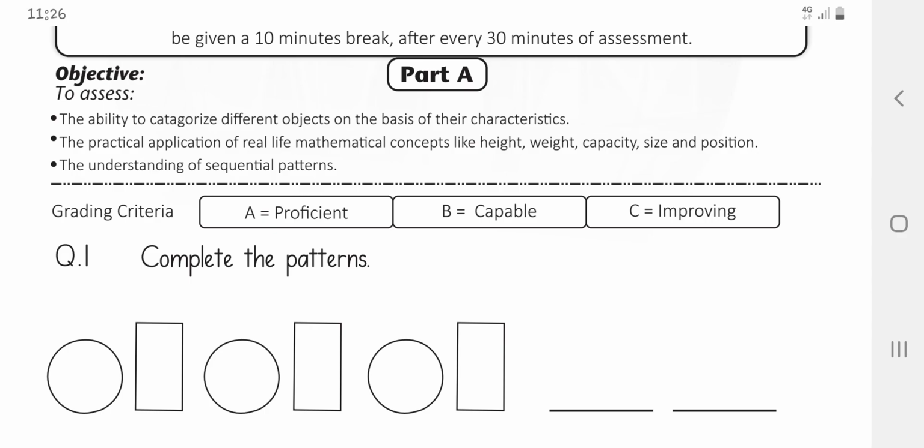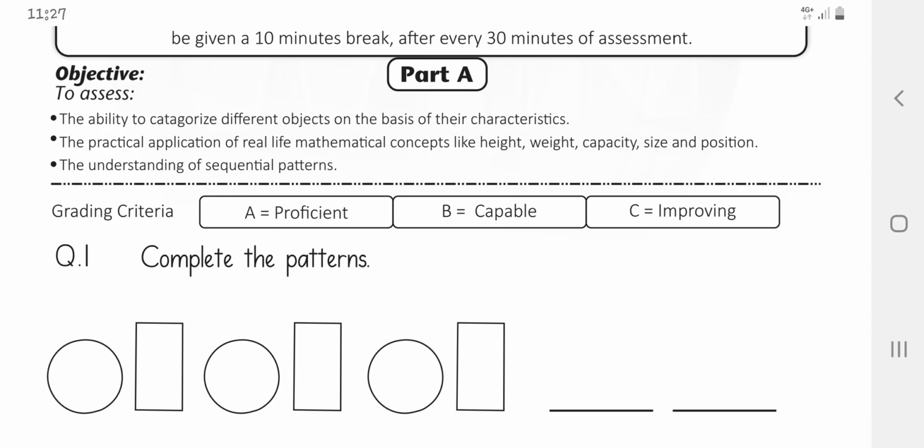For example, if it is math, then we have divided it into 4 parts: part A is about concepts, part B is about oral ability in math, part C is about written, and part D is about the practical aspects. And the same goes for every subject. So we have done the same for English and for math, and the same theme will be followed in Urdu.